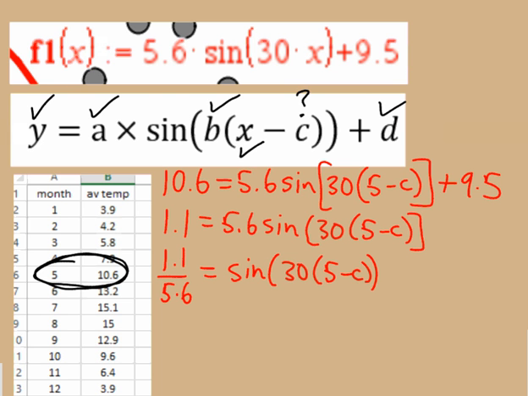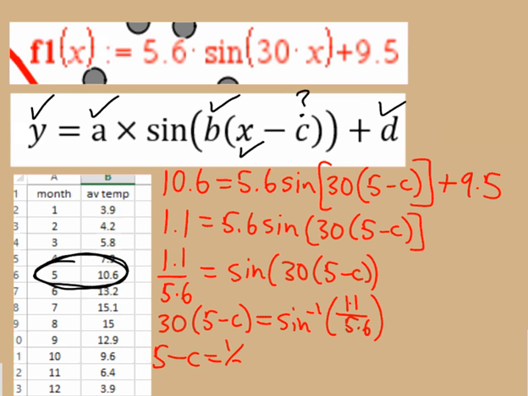So 30, 5 minus C is sine inverse 1.1 over 5.6. Notice I'm not using the calculator yet because that would build up errors. Now, have I got room for the final step? Just about. So 5 minus C is 1 over 30 sine inverse 1.1 over 5.6.